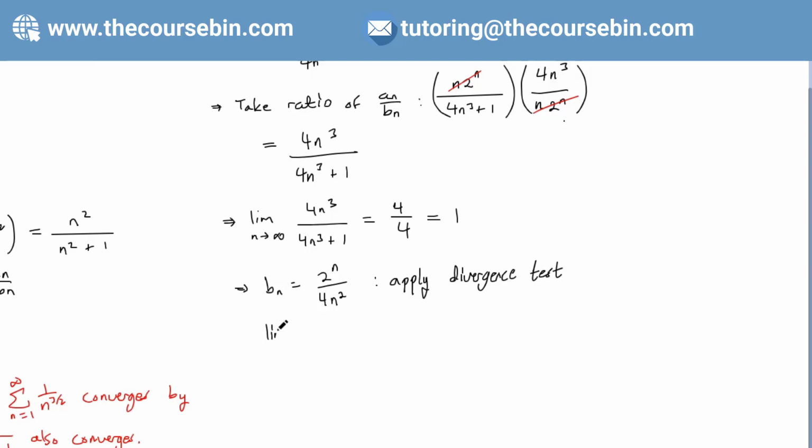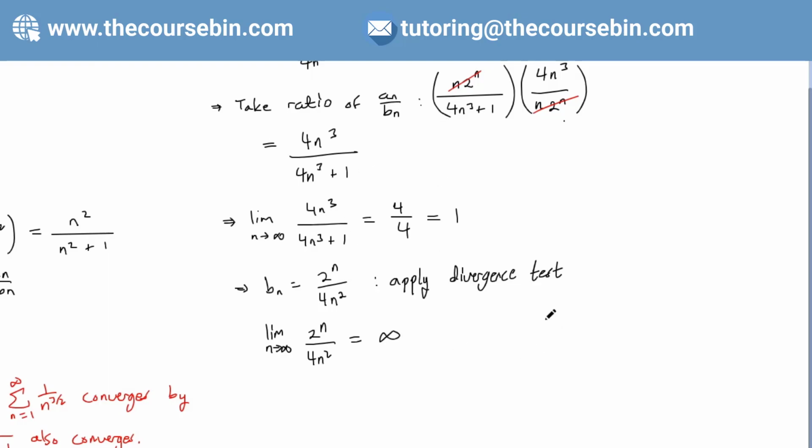If we take the limit as n goes to infinity of 2 to the power of n over 4n squared, this is an exponential function with a power function down here. Exponential functions grow faster than power functions, so this limit would be infinity.